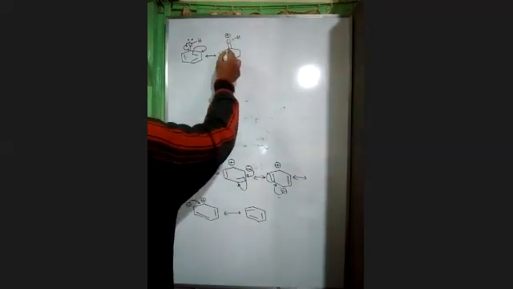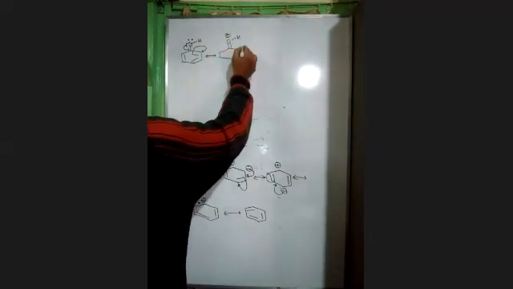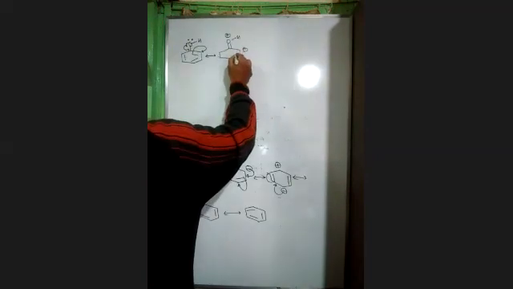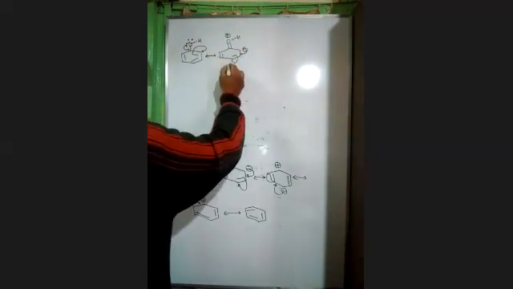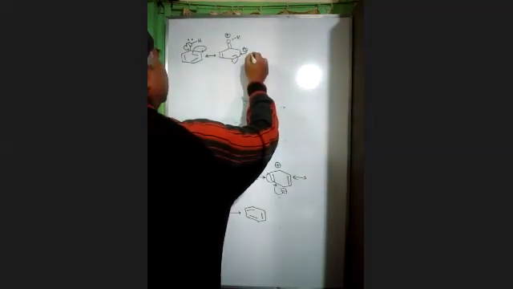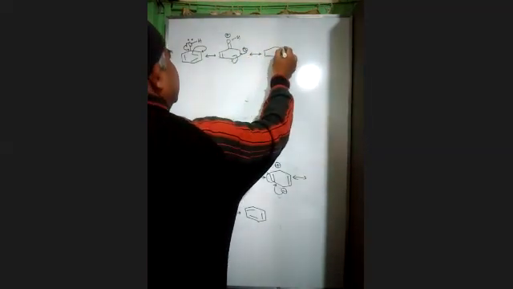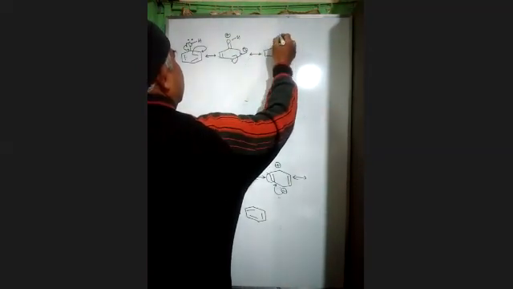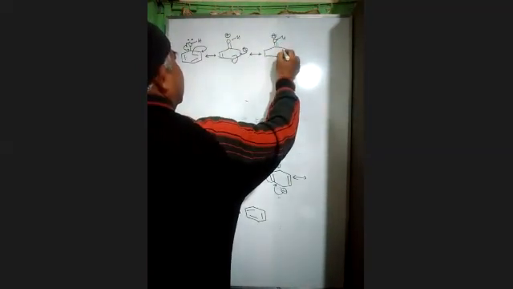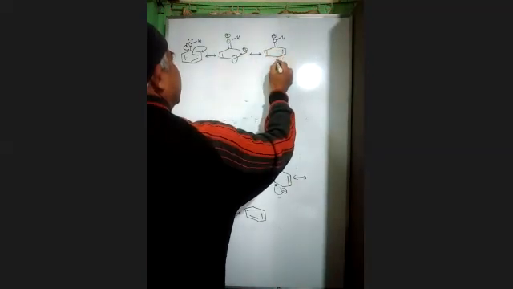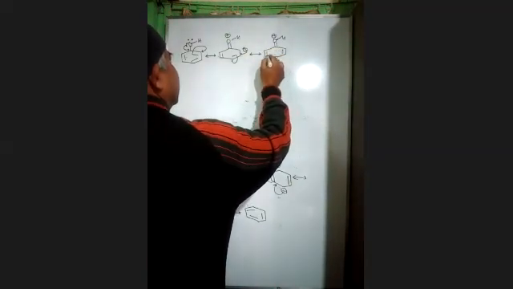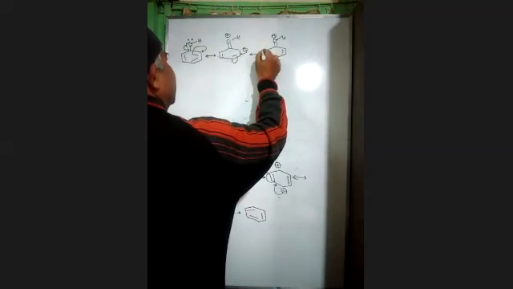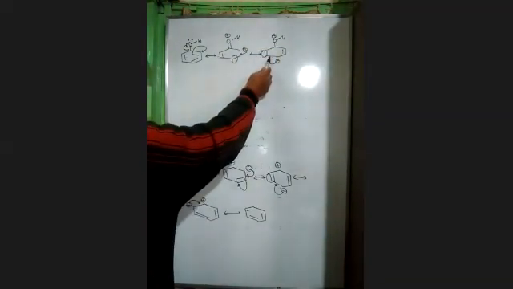This electron is given to the ring, so the positive charge is lost there. You move the arrow from the double bond inside, not from the bond outside.